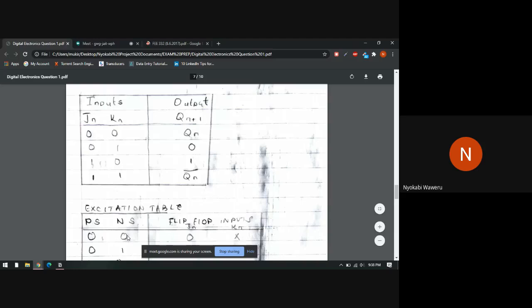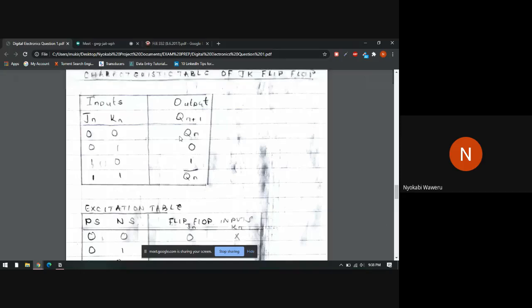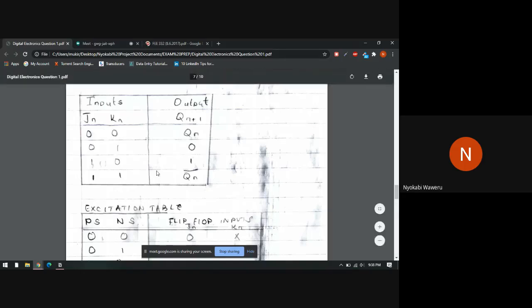When you come to the characteristic table, we're looking at this column here. Qn plus 1 is the next state. So when you have next state as 0, it doesn't matter the previous state, so it means the input J is 0 and K is 1.